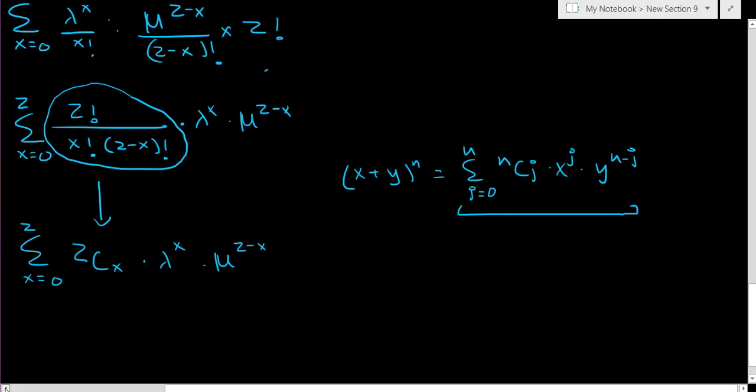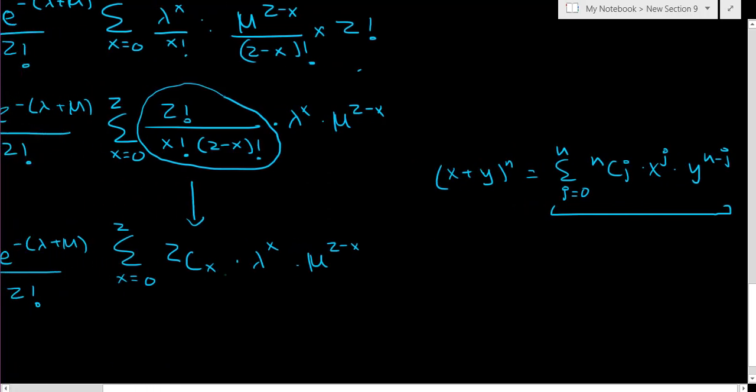If you try to draw a parallelism between this formula and this formula, you will realize that this is nothing but the same zCx, lambda to the power of x, mu to the power of z minus x.